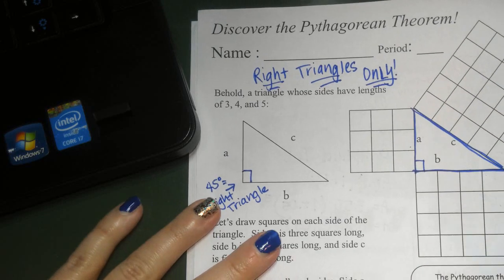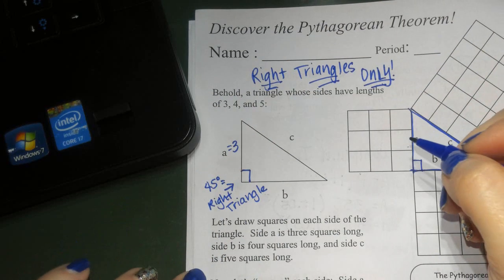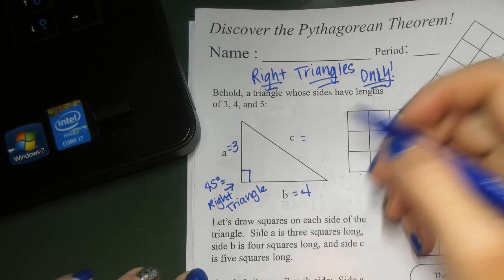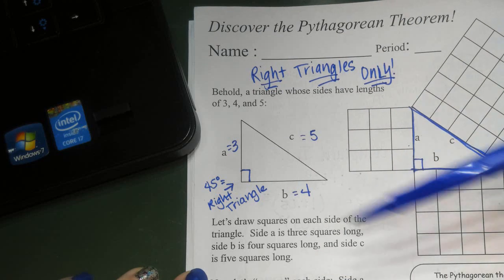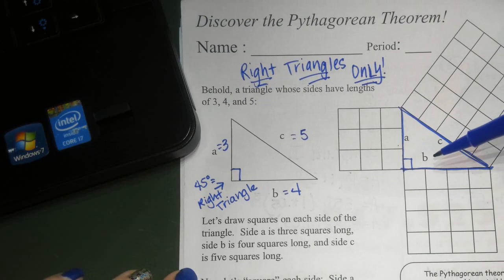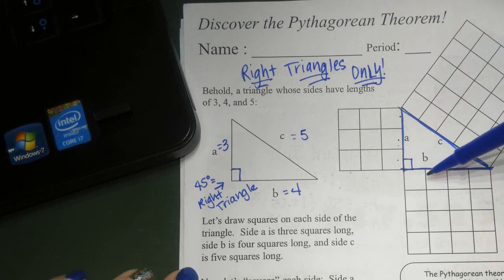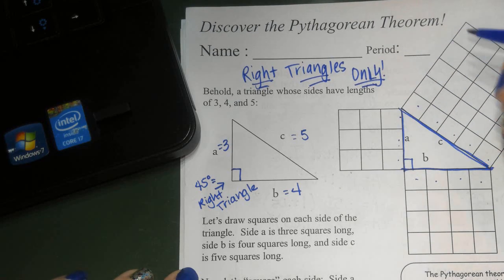So side A is 3, side B is 4, and side C is 5. So that's what they tell you right here, 3, 4, and 5. If we go to our picture here, we can see A is 3 squares long, B is 4 squares, and C is 5 squares.